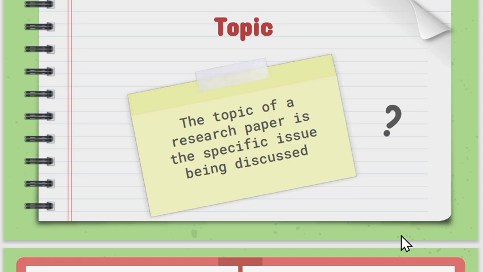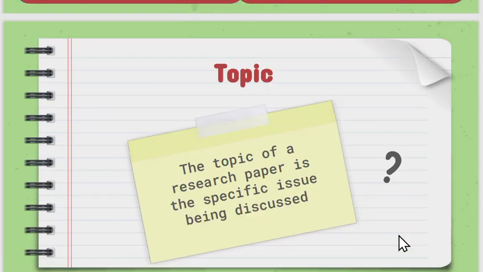Now we have the topic. Topic is the opposite of subject. Subject, we said, could be general and broad. The topic of the research paper is the specific issue being discussed. So subject is general, more broad.